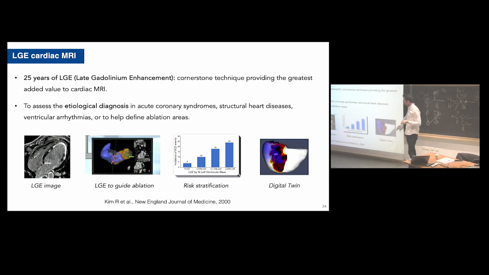More recently, you could use these images to build the digital twin. And this is very interesting. We could simulate therapies on models before doing the therapy. So for example, for cardiac ablation, we will build this kind of model. We know the actual physiology equations, so we can run a lot of simulations of ablation points and find the best points that we will use for ablation the next day.